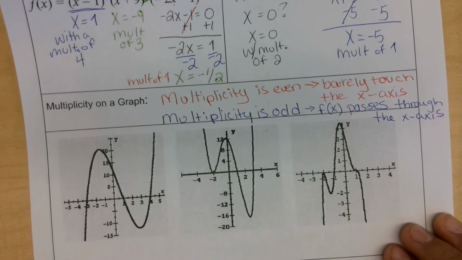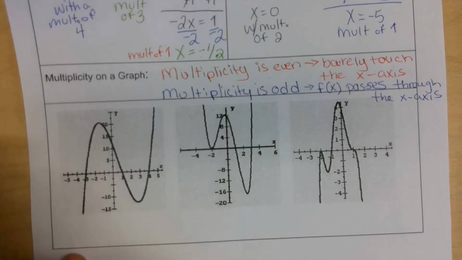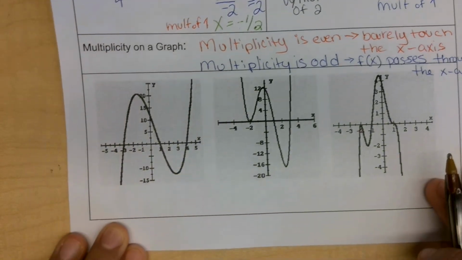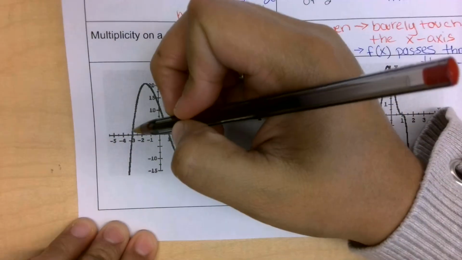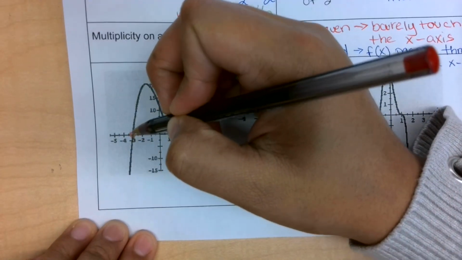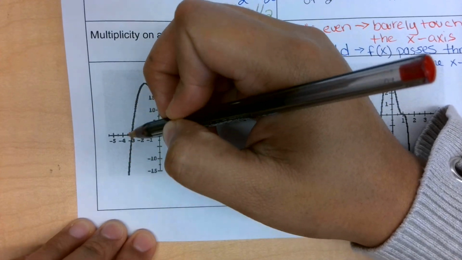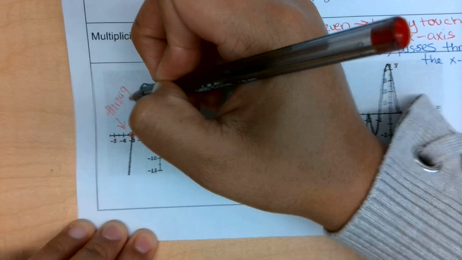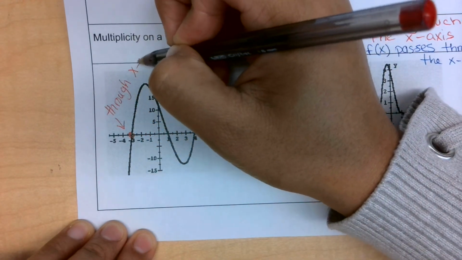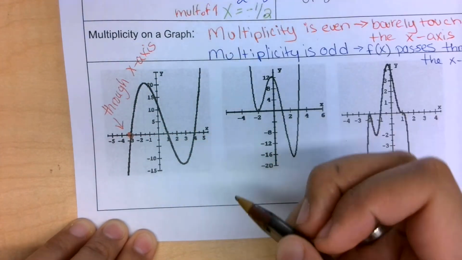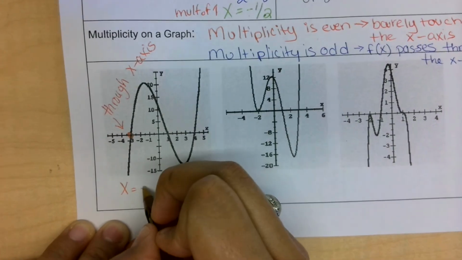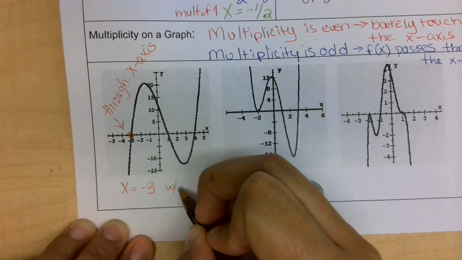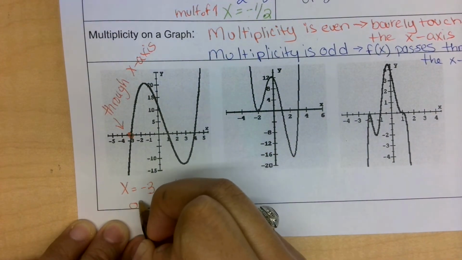So for that to make a little bit more sense, let's look at these examples down here. Let's look at the first graph. This graph passes through negative 3 because the line goes right through it. It goes through the x-axis. So we know that x equals negative 3 is a 0 with an odd multiplicity.